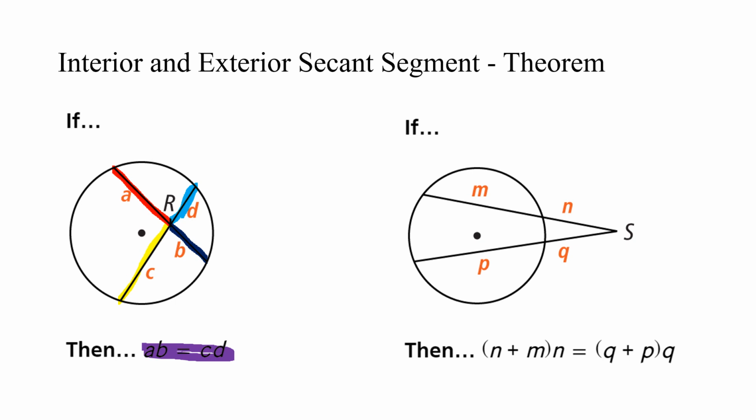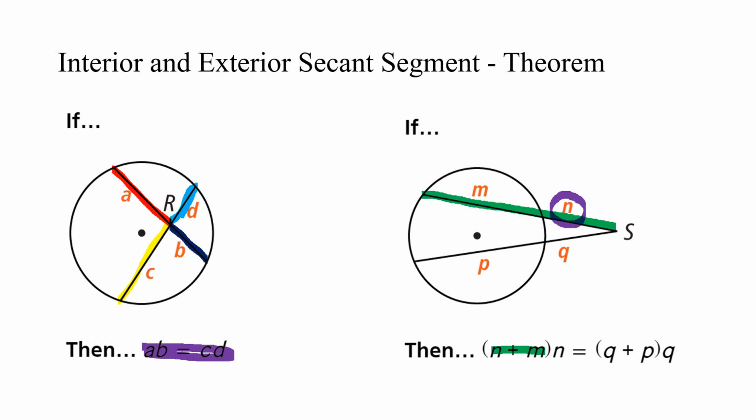If the segments meet up outside of the circle, if it's an exterior angle, then what you need to do is first add up m and n, so n plus m, and then multiply it by whatever segment is on the outside. So in this case, n is on the outside, so I'm going to multiply n plus m times n.